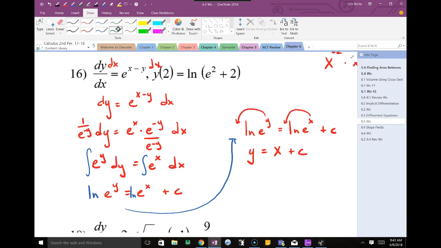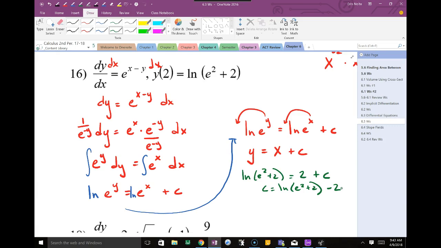So the natural log of e squared plus 2 equals 2 plus c. To solve for c, we just subtract the 2. So this is kind of a gross c: the natural log of e squared plus 2, in parentheses, minus 2. And there's nothing we can do to separate that natural log.